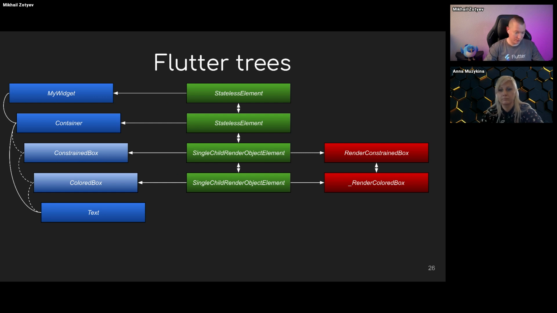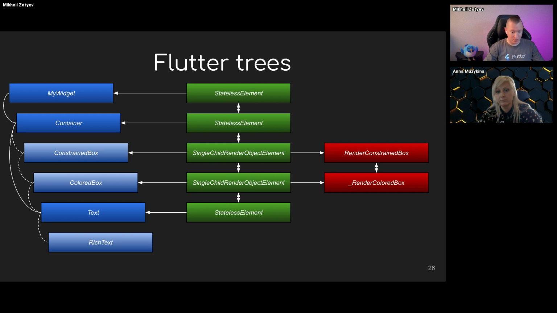So the next step is the text. And when Flutter asks text about its representation, it's also a stateless element. So there is no render object, even if by the name and the meaning it's text, it's still just a description of a subtree. So we need to build. And after build, we can see that there is a rich text inside, which will actually be the end of our subtree.